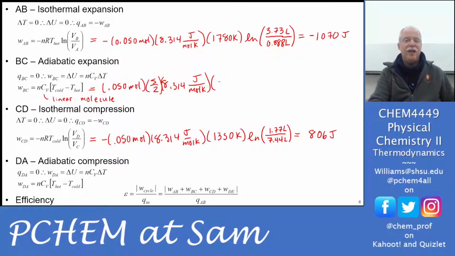This is leg B to C. So the final is the temperature of C, so that's 1350 minus 1780. The small number is subtracting the larger number, so that's going to be negative, and that's good because we're doing an expansion, so we should have a negative amount of work.